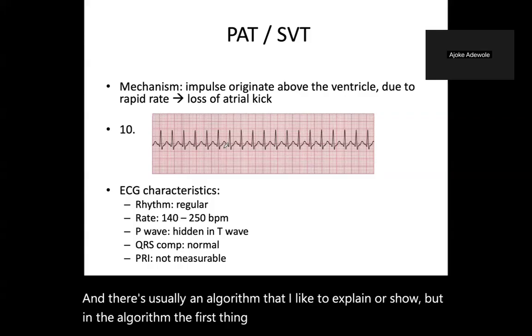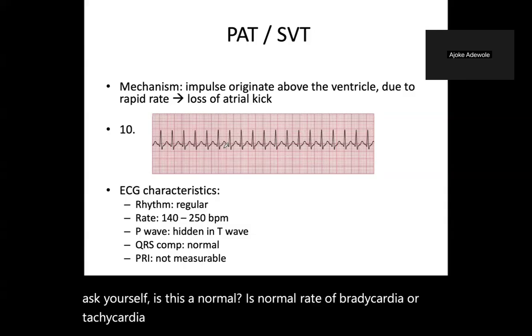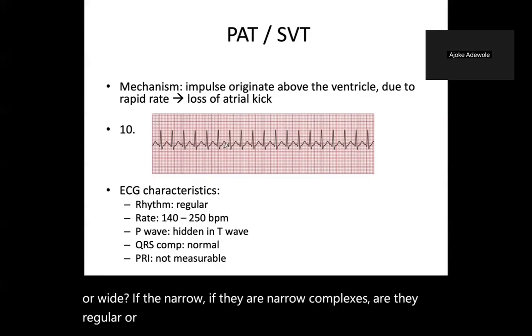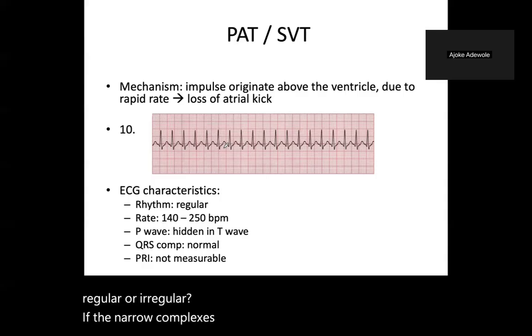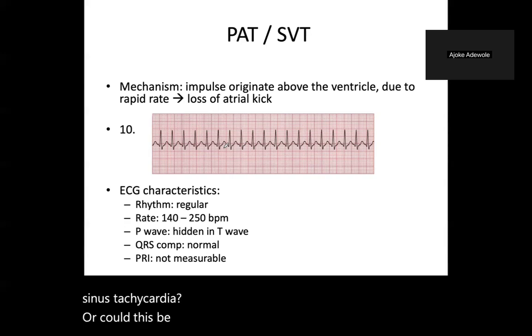thing you do is ask yourself, is this a normal rate or bradycardia or tachycardia? If this is a tachycardia, are the QRS complexes narrow or wide? If they are narrow complexes, are they regular or irregular? If the narrow complexes are regular, ask yourself, could this be a sinus tachycardia or could this be a supraventricular tachycardia?